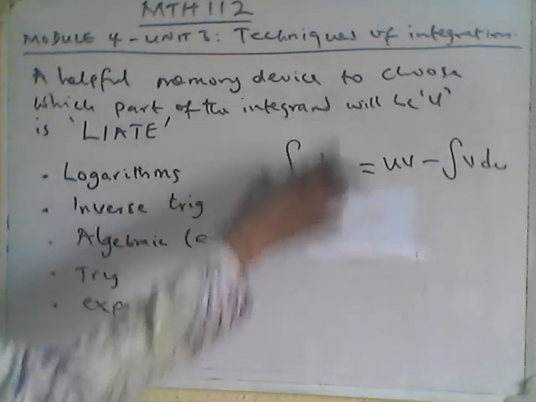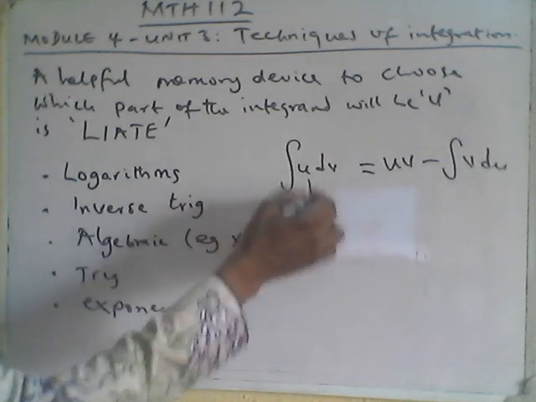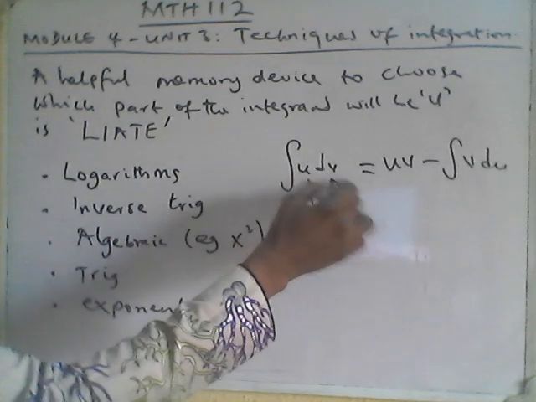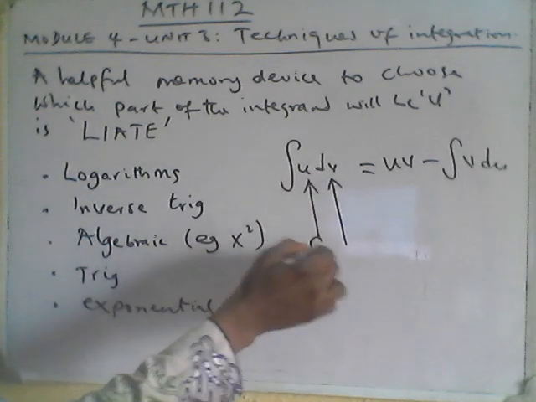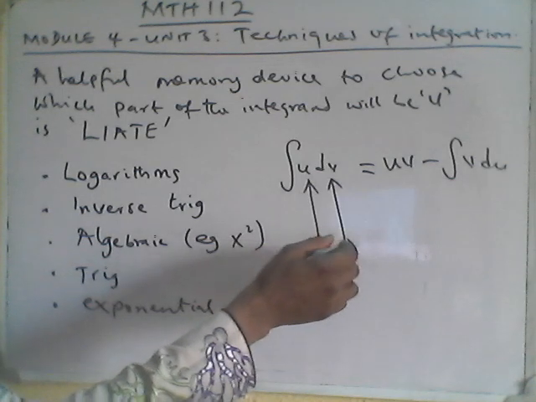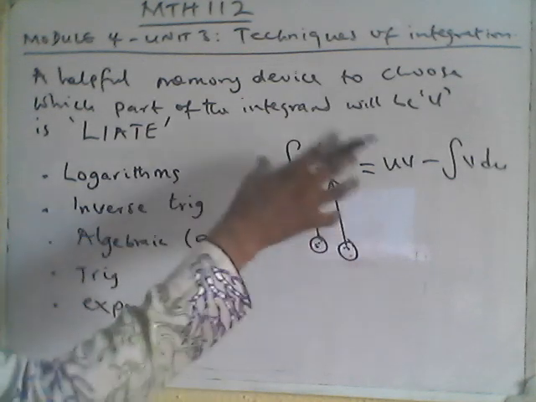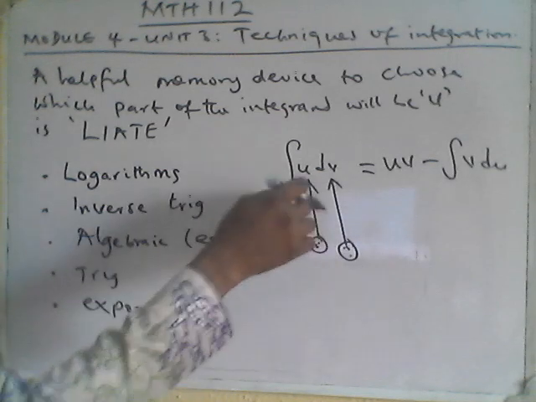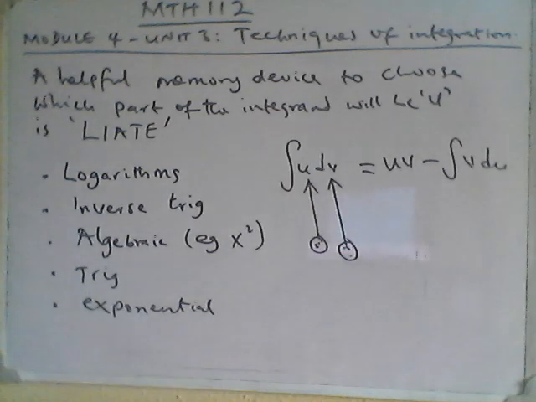So if you are to integrate these together, you need to choose which of the functions in the product you are integrating is u and which is v. Now the mnemonic is to go through this.